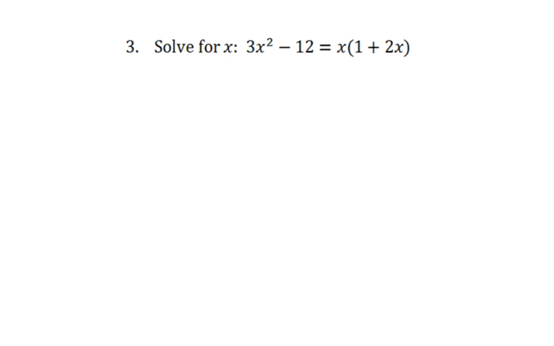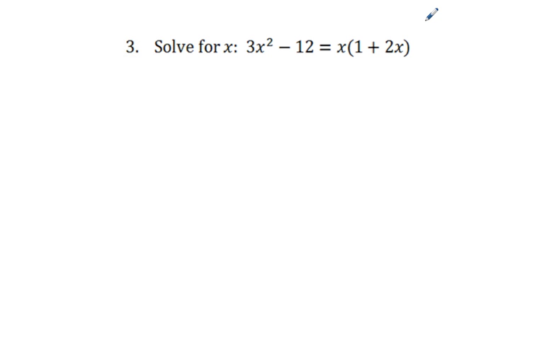All right, for number 3, this is our first quadratic. You'll notice we have some parentheses over here, and some students may recognize that you need to distribute this x in order to get the x's to where you can get them all on one side and solve this equation. Now what I'm going to use to solve all the quadratics is the quadratic formula. It may look intimidating, but there are several ways to remember it.